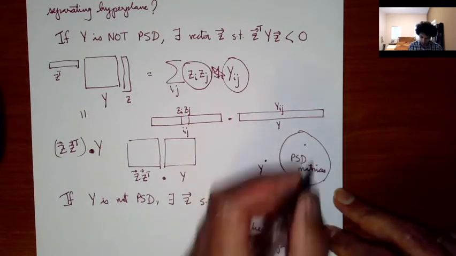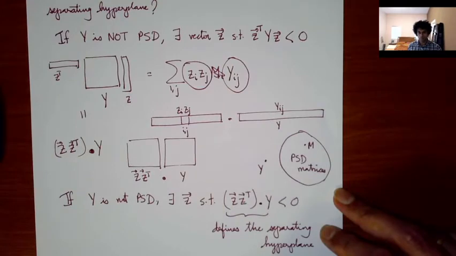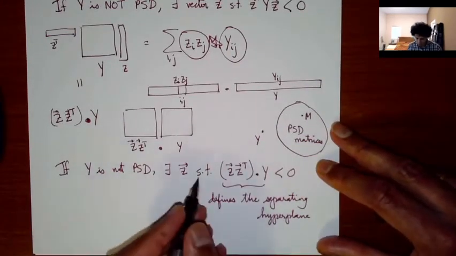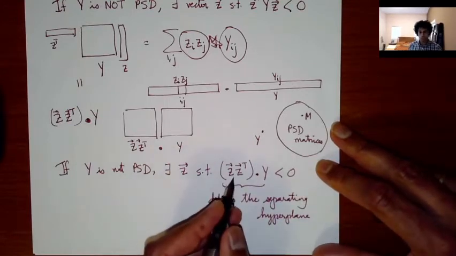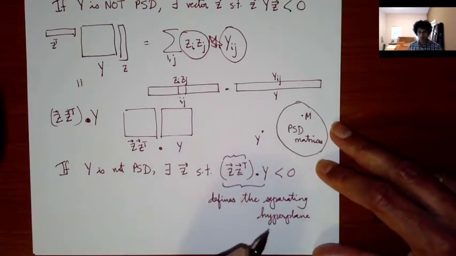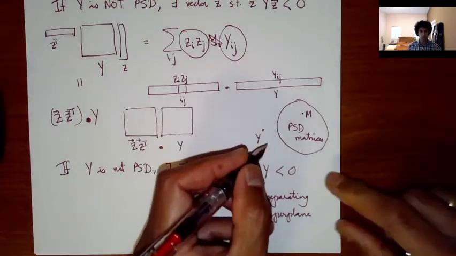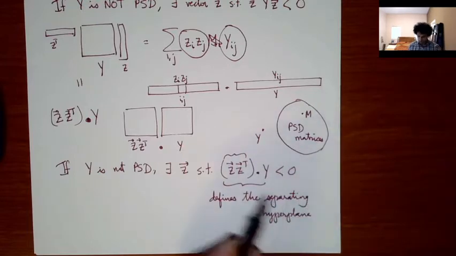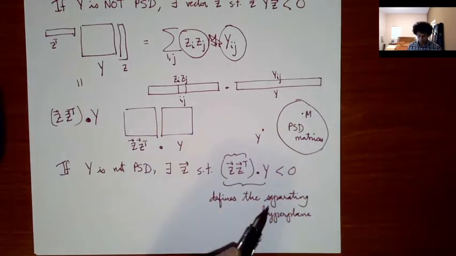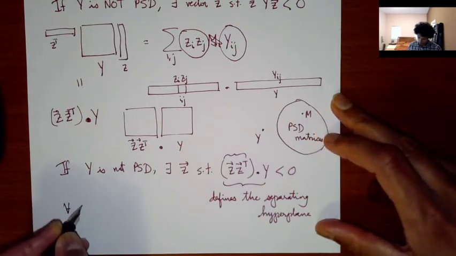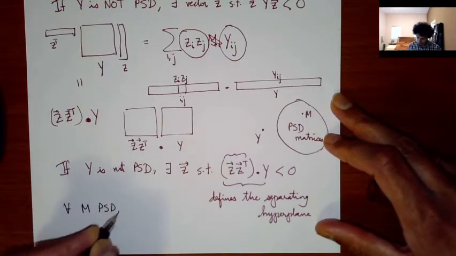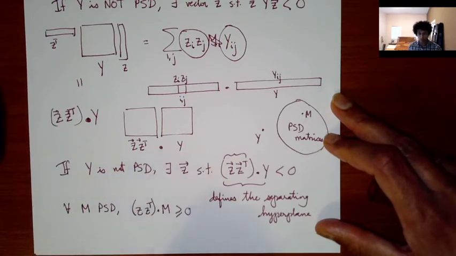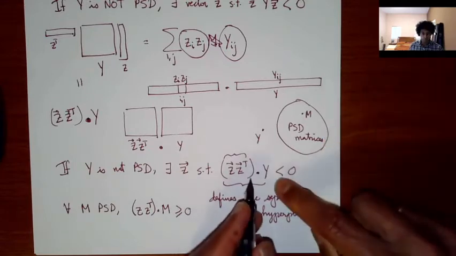Now, if you choose any PSD matrix M, note that Y is not PSD, so there exists this Z. Think of ZZ transpose as defining a direction in this space such that all PSD matrices lie on the positive side and Y lies on the negative side. So for all M which are PSD, ZZ transpose bullet product with M is greater than or equal to 0. But for Y, it's less than 0.